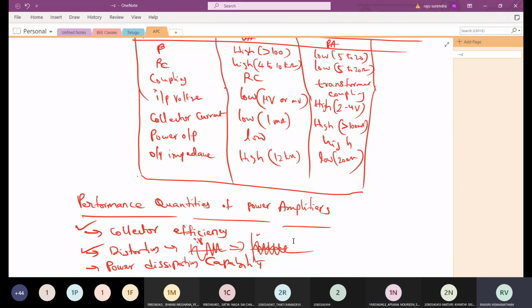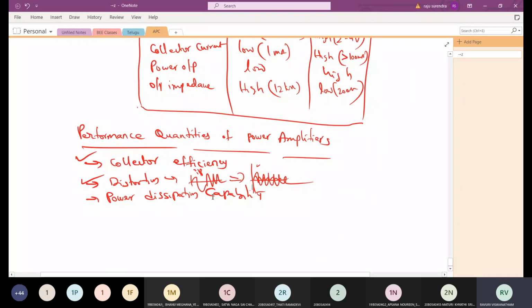I am not saying that distortion increases. That depends upon the type of the amplifier circuit. The distortion may either increase or decrease. Hope you understand. This is an example, that's why I have drawn. There is a change in shape of the input signal. And coming to the classification of power amplifiers.